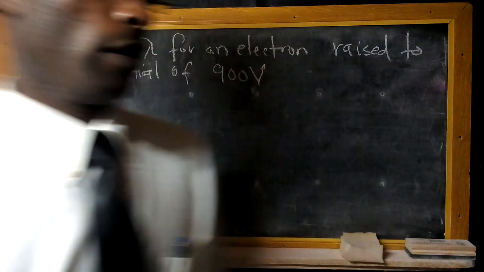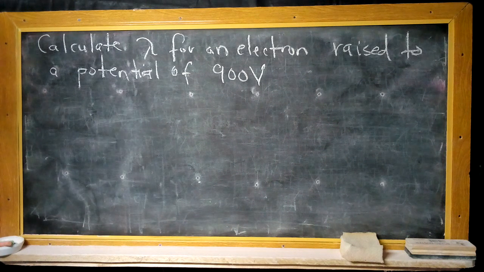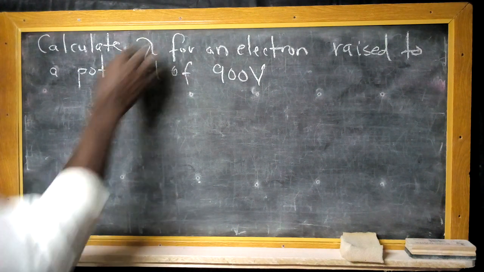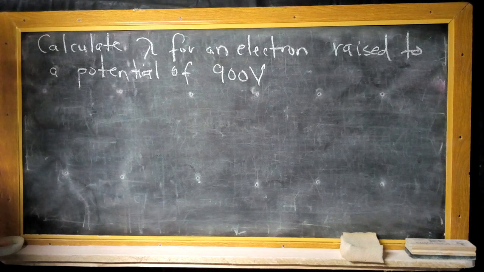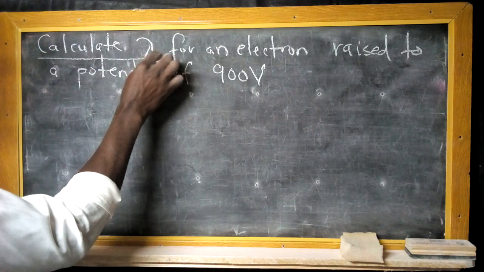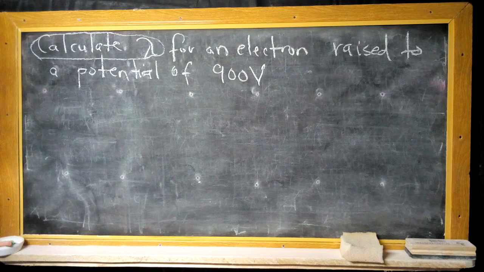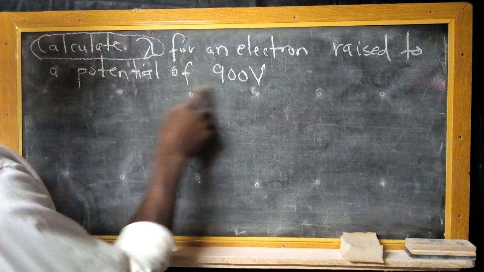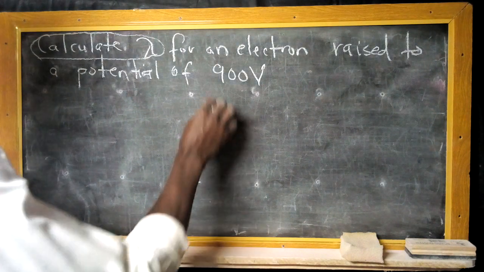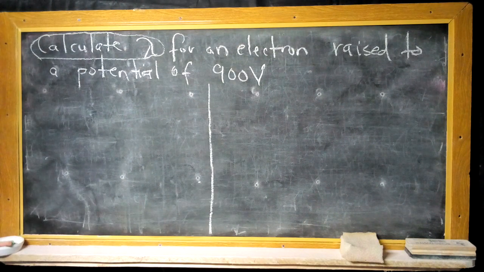So let's see how we can use that principle in solving this kind of problem. This problem requires us to calculate the de Broglie wavelength, or just to find lambda, for an electron raised to a potential of 900 volts. We are going to figure out which principle to use.